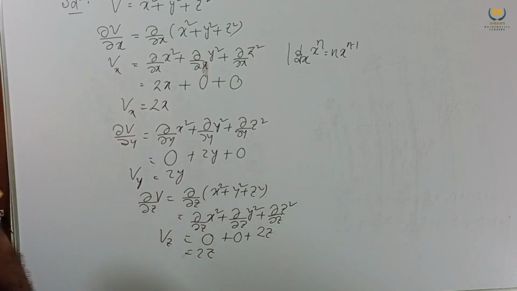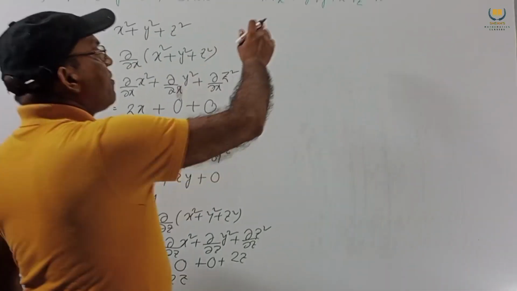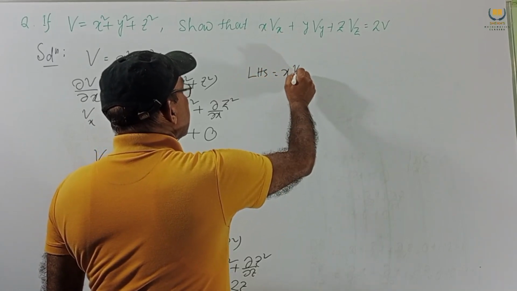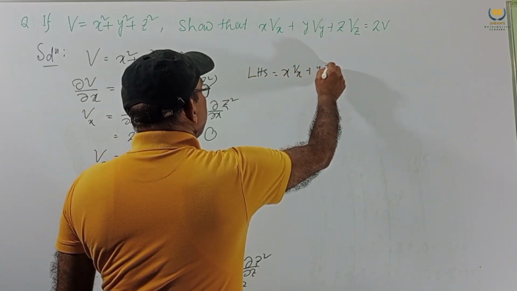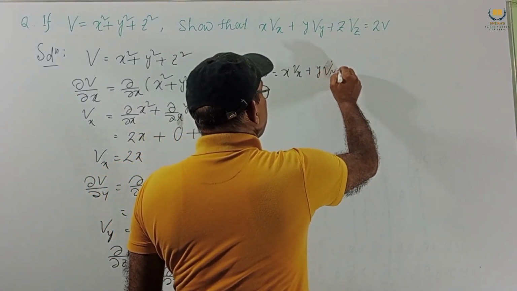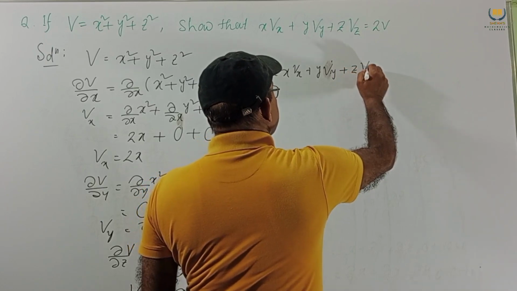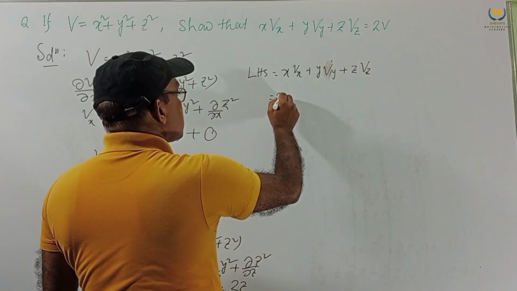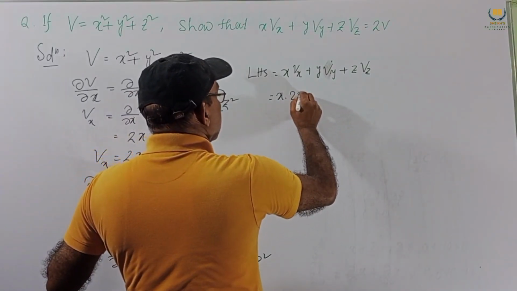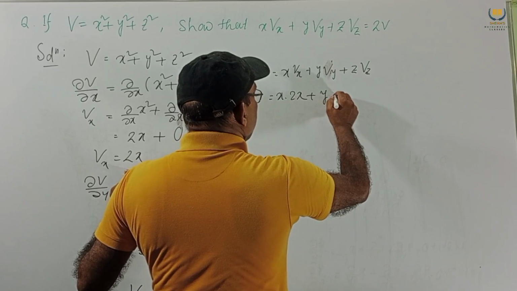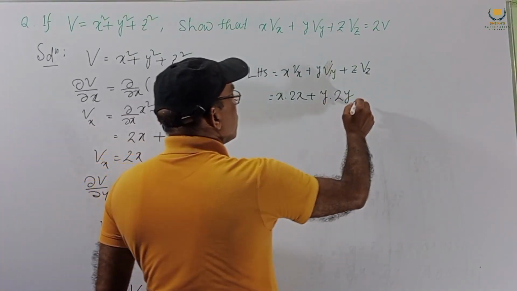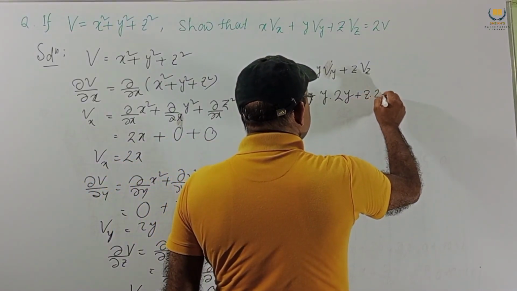Now we consider the left hand side. In our left hand side given x Vx, y Vy and z Vz. The value of Vx is twice x, the value of Vy is twice y, and the value of Vz is twice z.